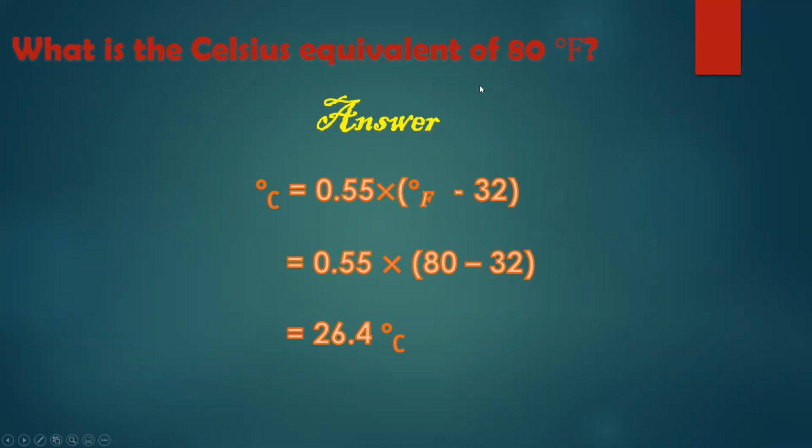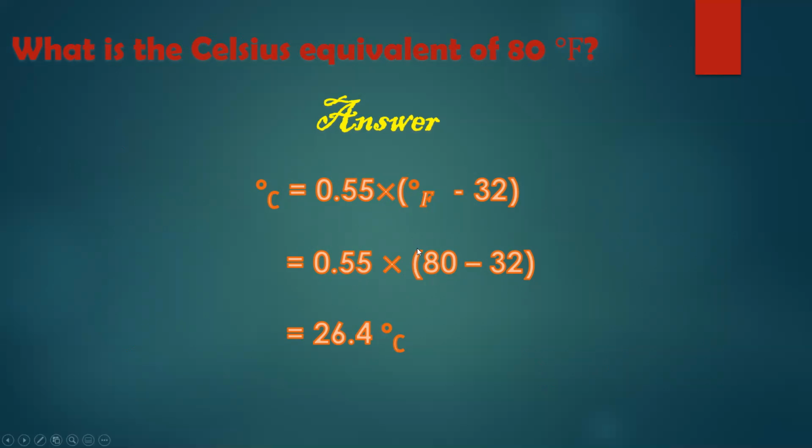The Fahrenheit given here is 80 degrees Fahrenheit. It's very simple to pick it out from the equation using the unit. Therefore, the degree Celsius is 0.55 as it is times open bracket, substitute the value of the Fahrenheit degrees, 80 minus 32. It gives us almost 26.4 degrees Celsius.